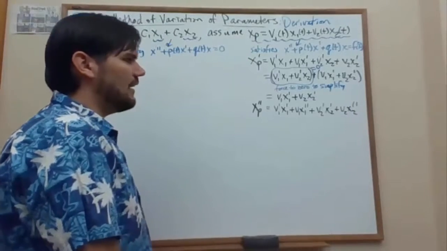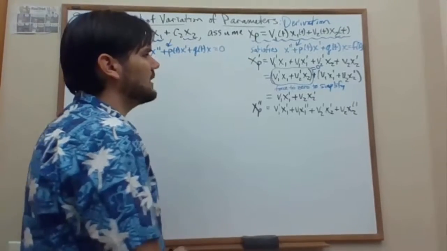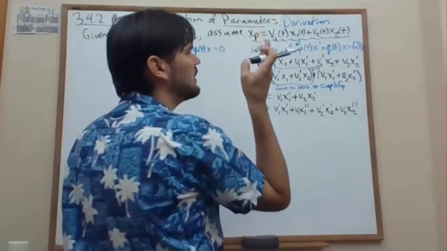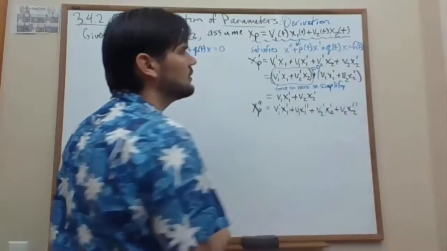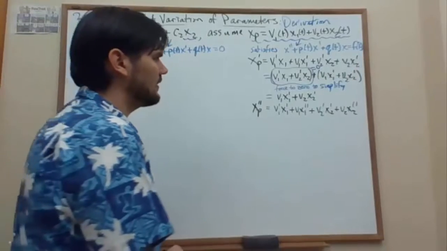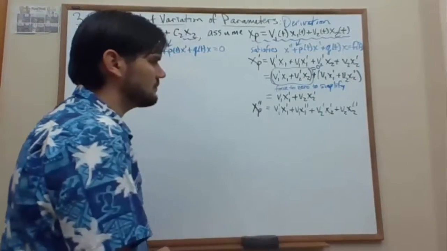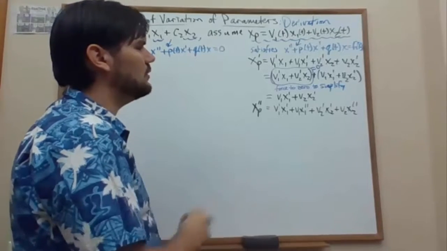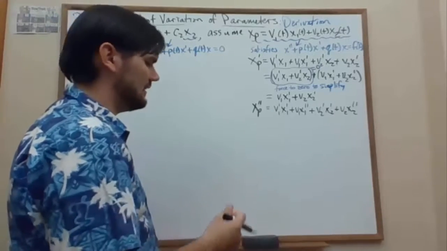Okay. Now we look at the pieces we have, x_p double prime, x_p prime, and x_p, and we want to plug all the pieces into our equation. To do that, I'm going to look at how each component adds in.